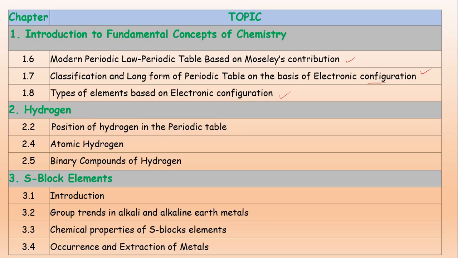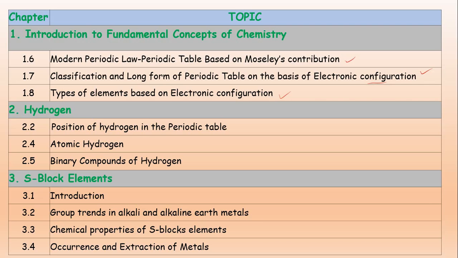These are the three topics which will be assessed, and the numbers are also given for the subtopics, like 1.7, 1.6 and 1.8 in your textbook. When you go through the textbook you will find these subtopics. So under the heading of the first chapter, periodic classification, these three topics will be in your reduced syllabus.